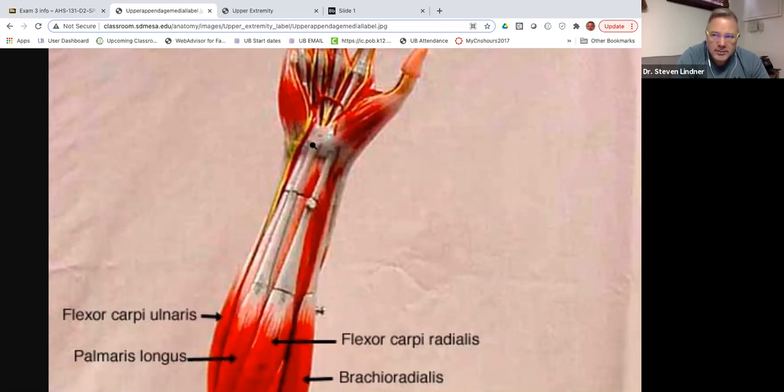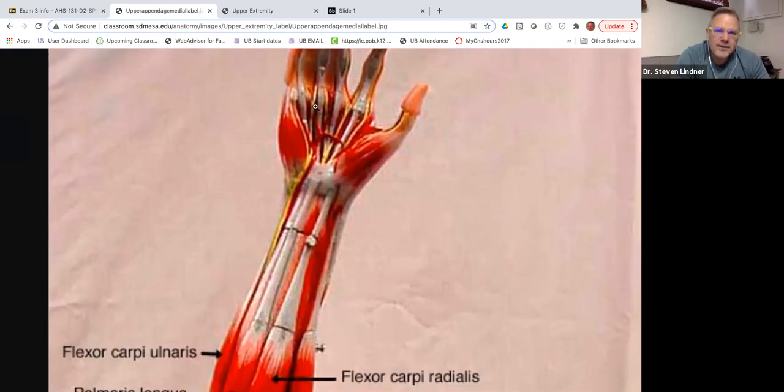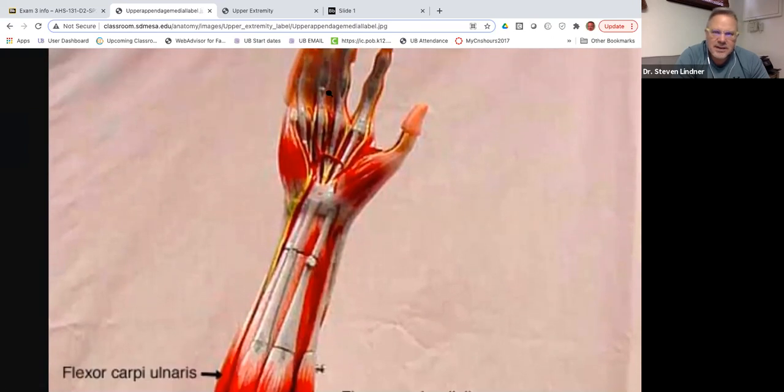And the third name is called the flexor retinaculum. What the flexor retinaculum does is that it holds down all of these finger flexors. We could see all of these tendons are going deep to the flexor retinaculum, transverse carpal ligament, or volar ligament.